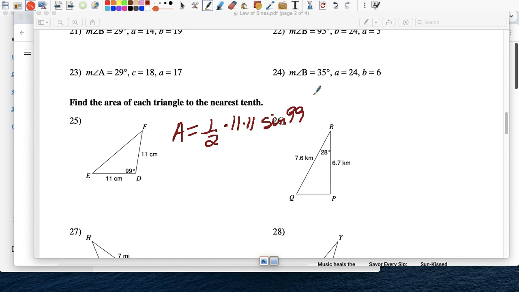So let's put that in a calculator. 11 times 11 times 0.5 times sine 99, and that's going to give us that the area is approximately 59.76. They said nearest tenth, so 59.8. That's fine too.